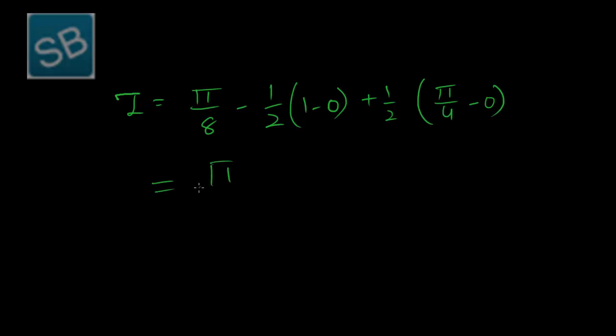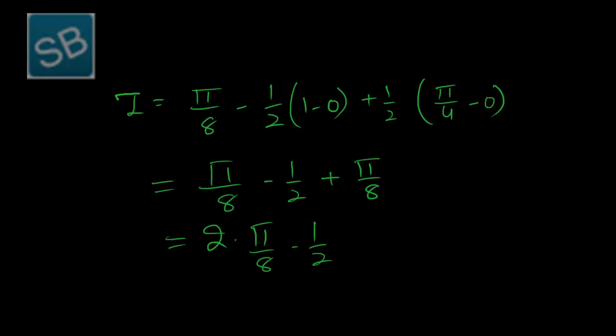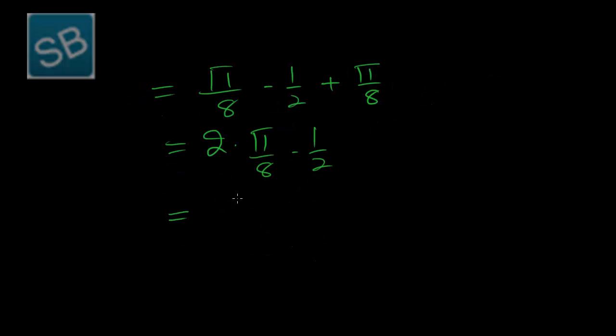So we get pi over 8 minus half plus pi over 8, that is 2 times pi over 8 minus half. So we get pi over 4 minus half. So this is the first problem in which we see that we make a trick, that is, we add and subtract 1 to make the integral easy.